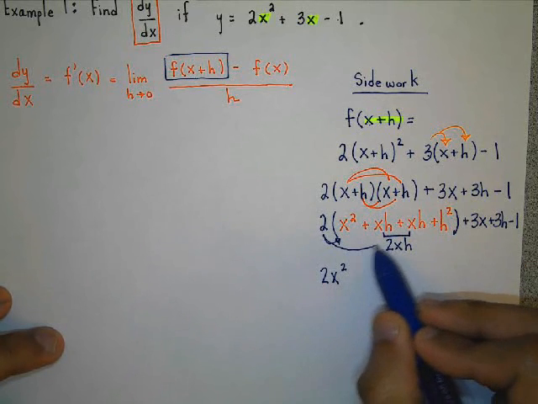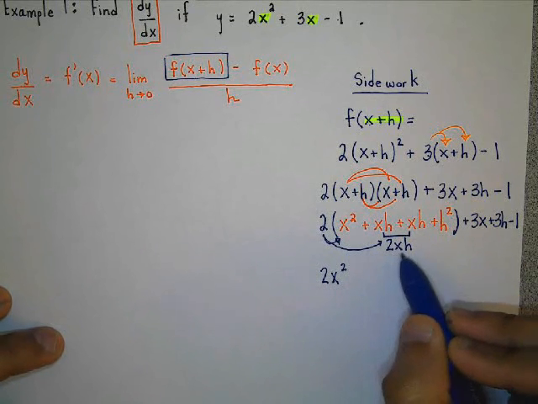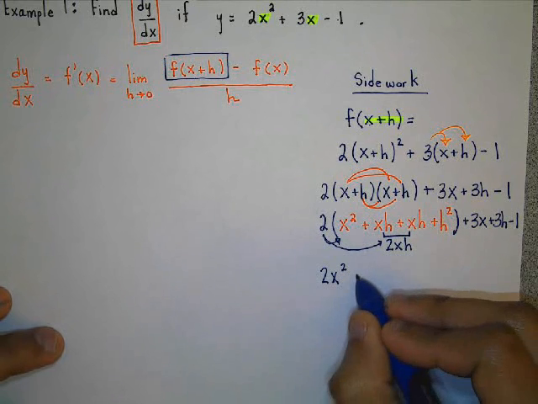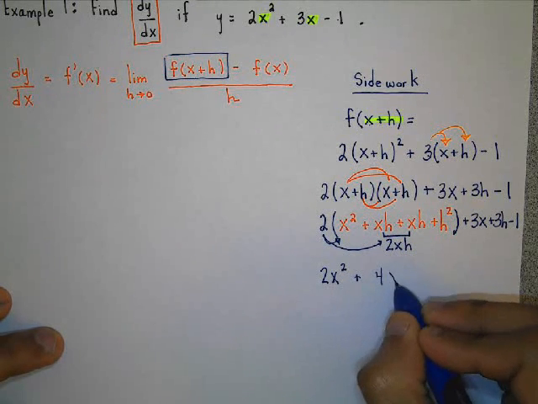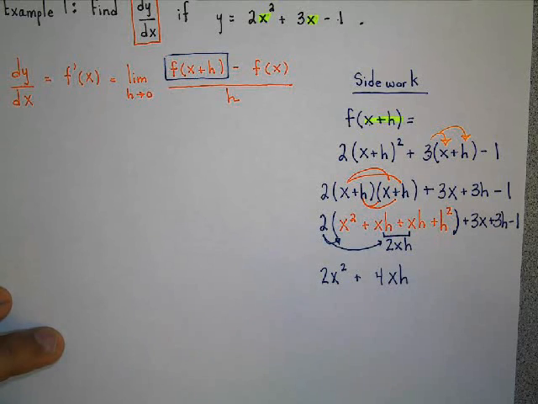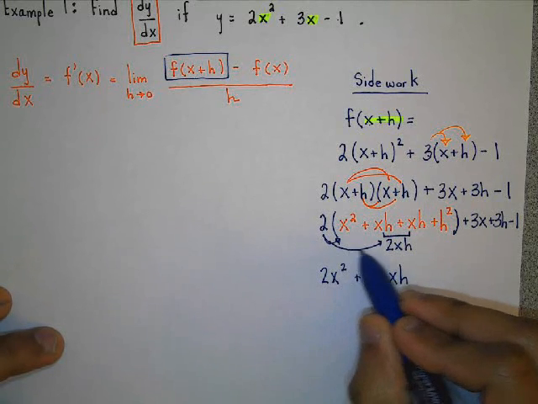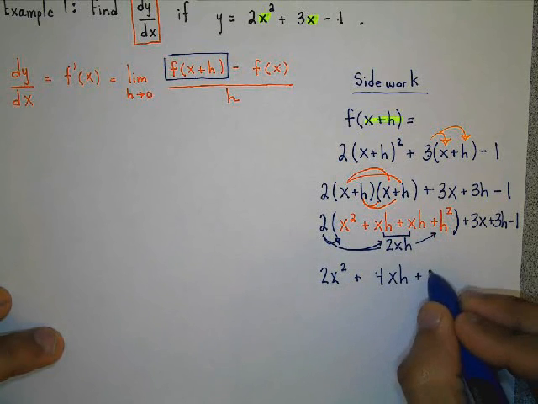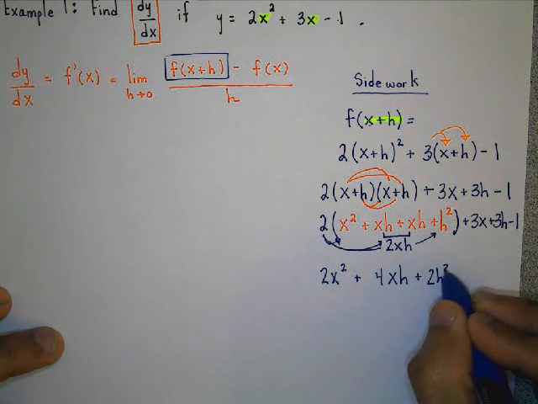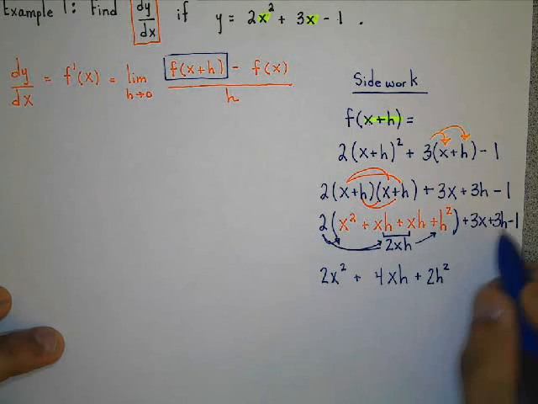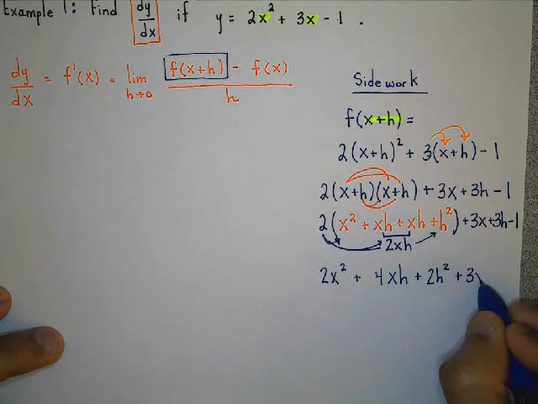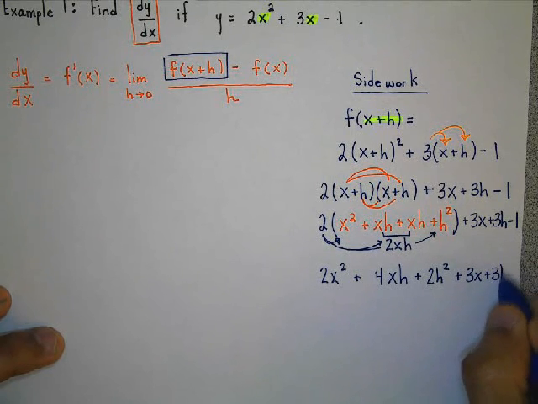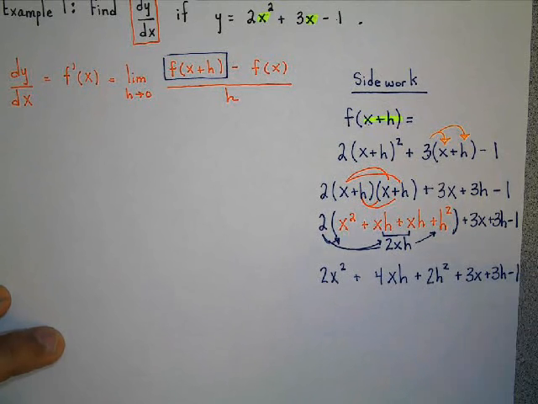And then we're going to have 2 times this right here, which ended up being 2xh. So 2 times 2 is just a 4. So we're going to have 4xh. Then we're going to multiply 2 times h squared, which is 2h squared. Then we have this stuff that we're going to bring down, plus 3x plus 3h minus 1.